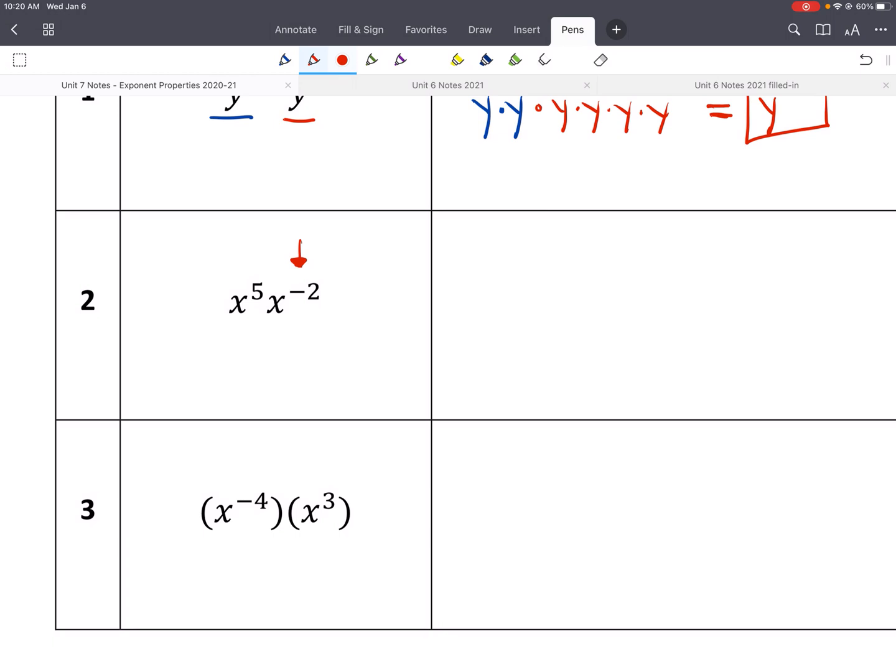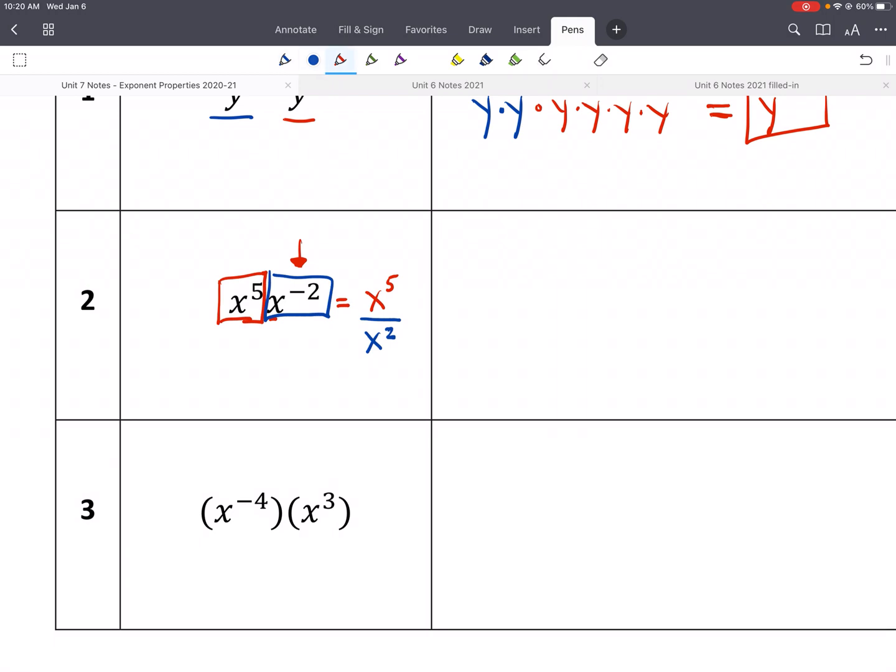So here we have x to the 5th, which will stay the same because the exponent is not negative, but the blue expression has a negative, so we'll need to bring it to the bottom and change its sign. Okay? So you've got to do that before you expand.